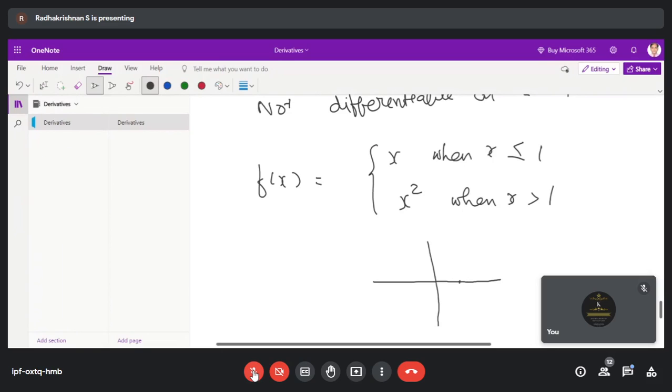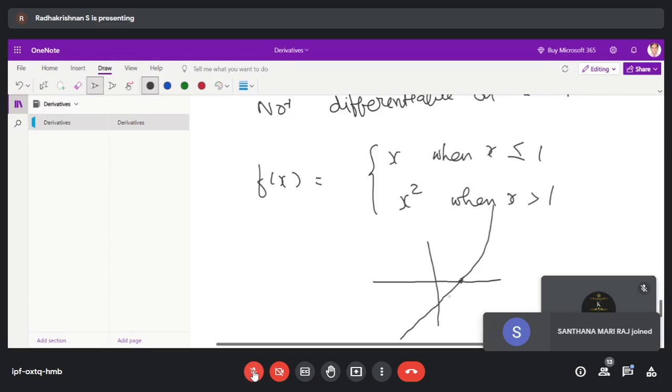When x is less than 1, it is equal to x, so it goes like this. When x is greater than 1, it goes like this, x square. Goes like that. So here you can see that this curve is continuous, because at x equal to 1, y is equal to 1, so it is continuous.